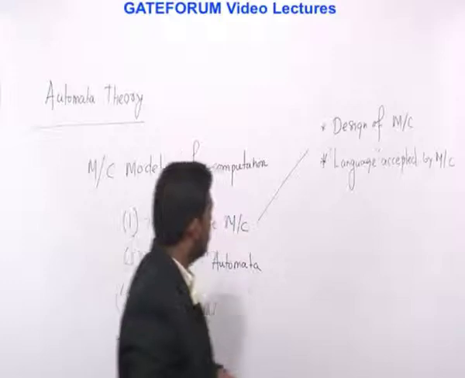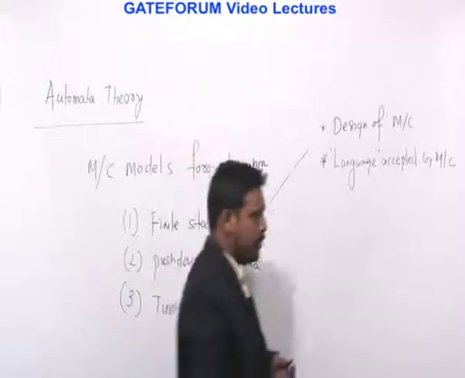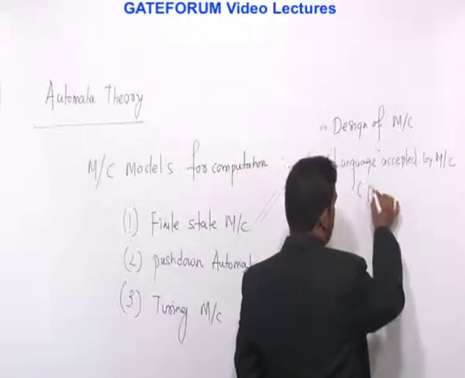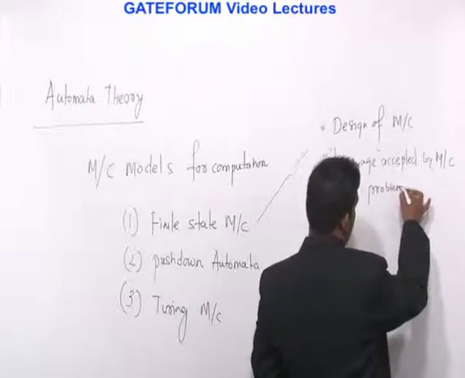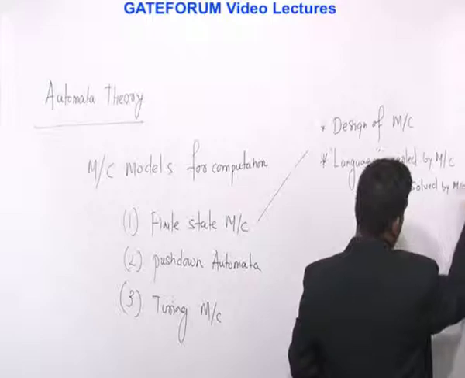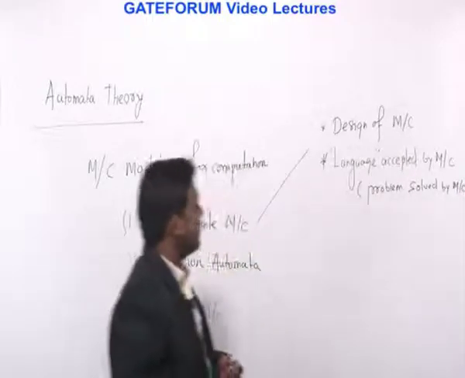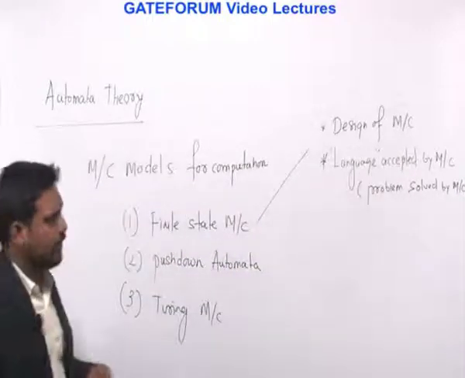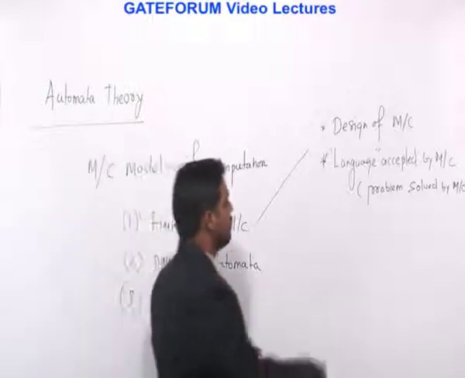So what language is accepted by the machine, or I'm writing here, problem solved by the machine. Problem solved by machine. So the language accepted by the machine is equivalent to the problem solved by the machine.